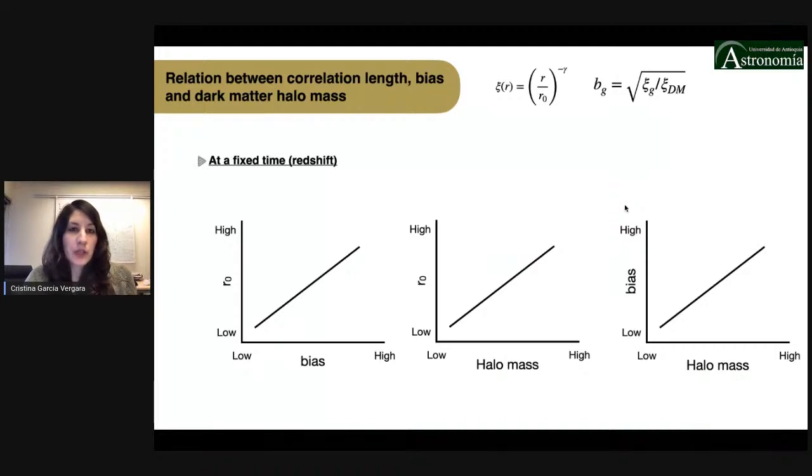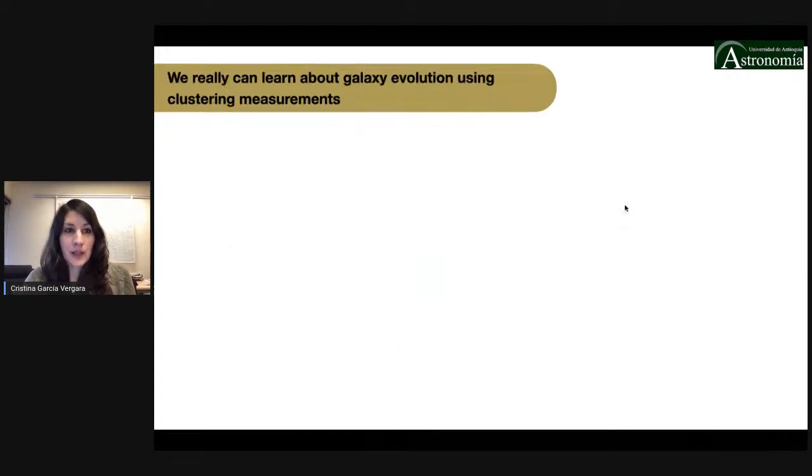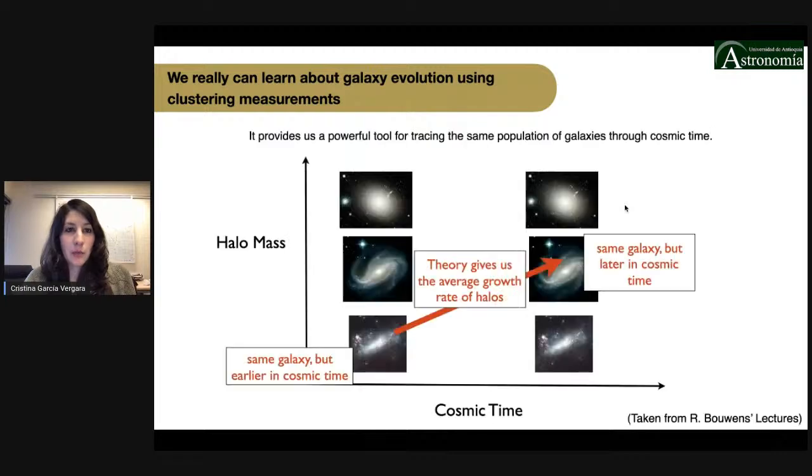We also learned about these useful relations between the correlation length, the bias, and dark matter halo mass. I already mentioned at the beginning of the lecture that we really can learn about galaxy evolution using clustering measurements. That was one of the questions that I included in lecture 1.